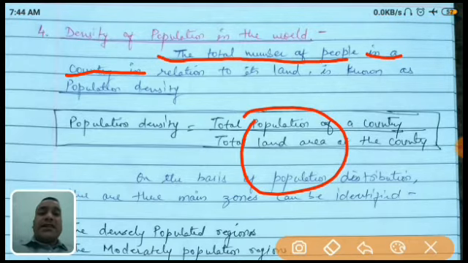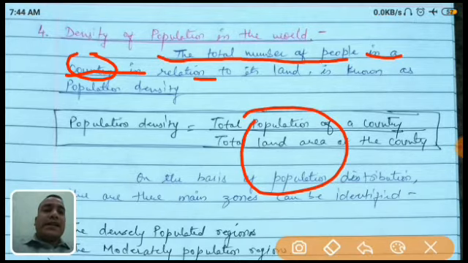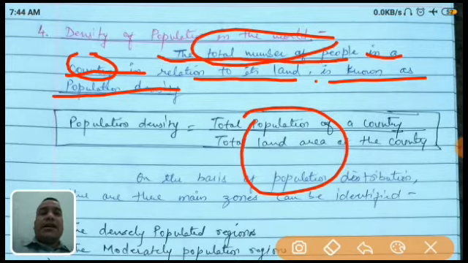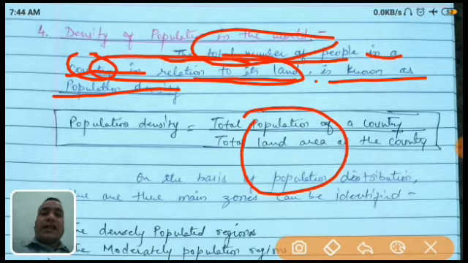If we are considering the state, then the state is the area. So generally it is an area. The total number of people in relation to its land is known as population density.